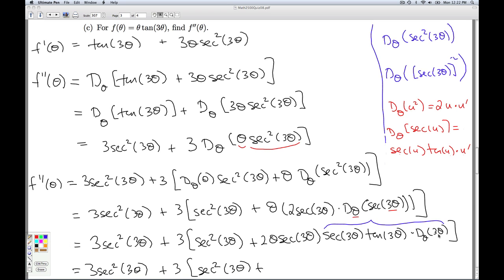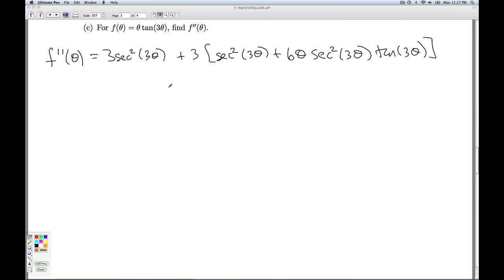The derivative of 3 theta with respect to theta, that's going to be 3. So I've got 3 times 2 theta, that's 6 theta. Secant times secant is secant squared 3 theta times tangent 3 theta, like so. And so we're almost there. Alright, so the calculus is done. Now it's just time for some algebra cleanup.